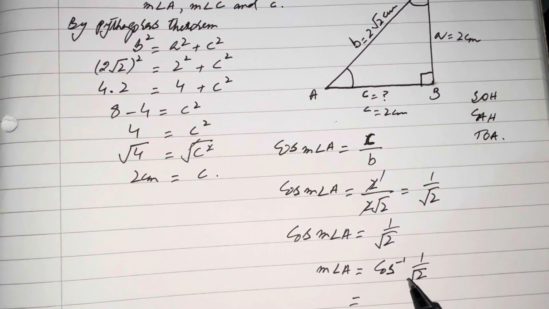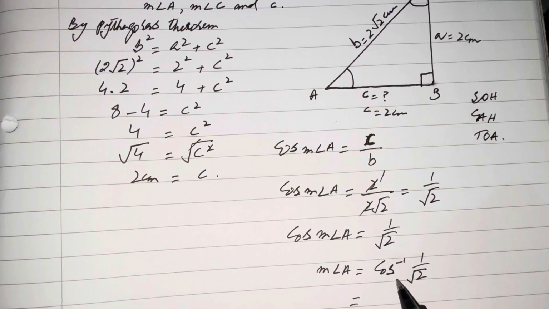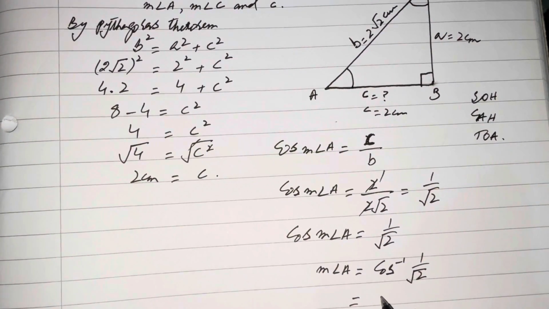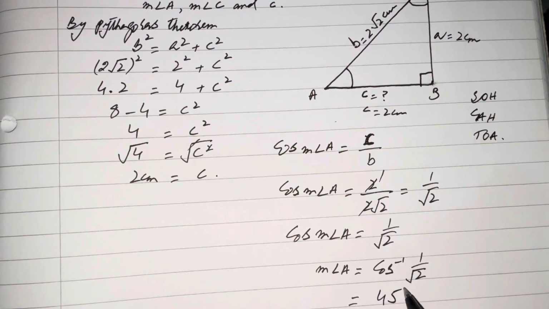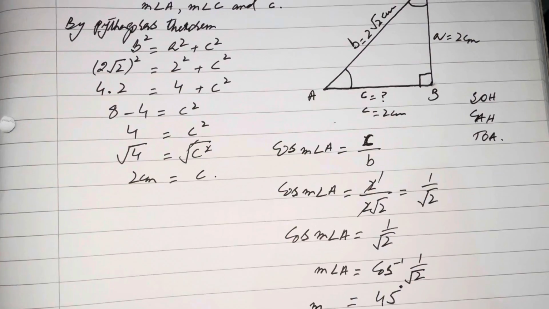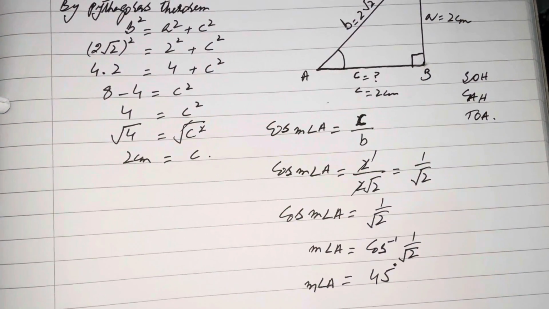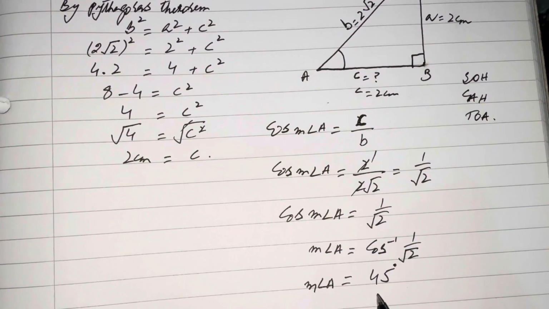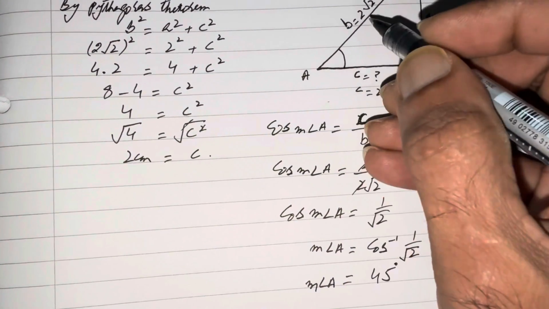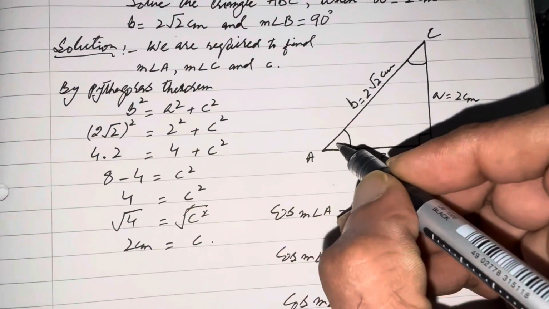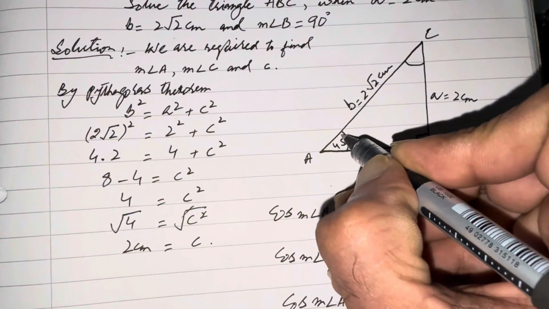So if you remember the table of the trigonometric ratios, the value of cos is 1 over under root 2 at angle 45 degrees. So now we have found the angle A as 45 degrees. So we can say that this angle will be 45 degrees.